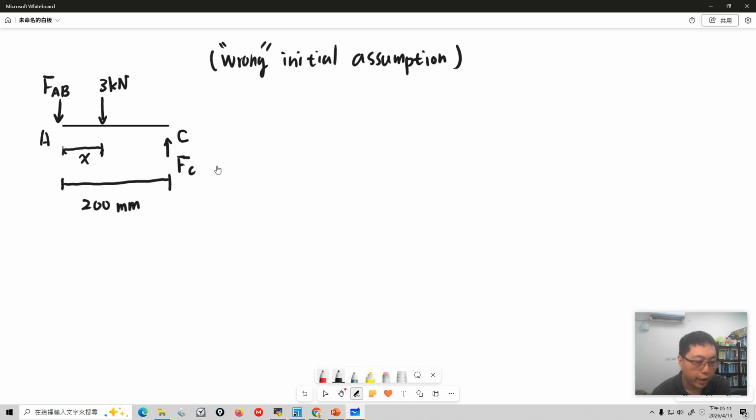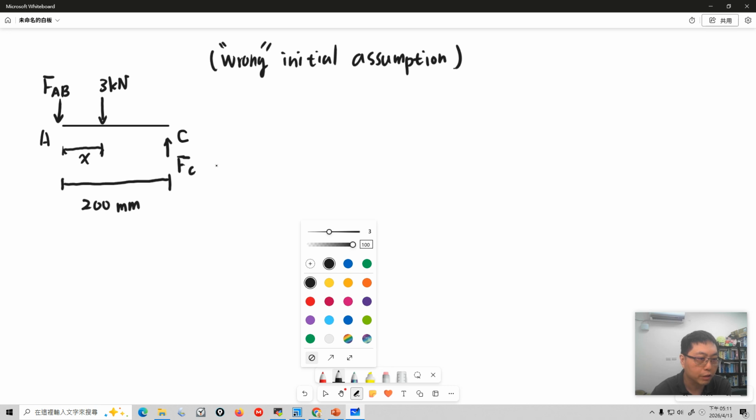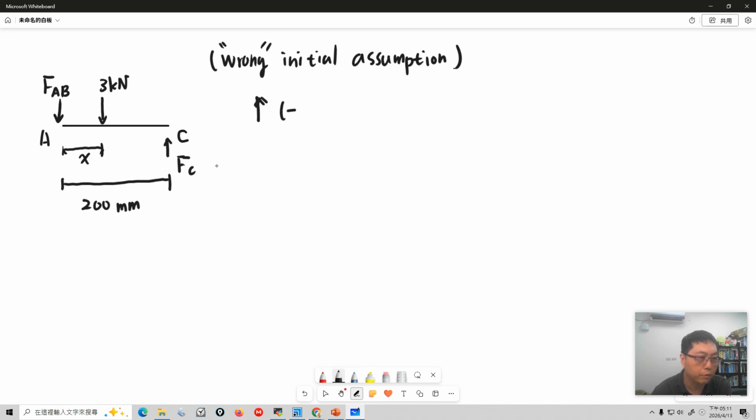In the sign convention we stay the same: pointing up is positive and counterclockwise is positive. Maybe my notes are wrong about that. First of all, let's do the rigid body equilibrium.